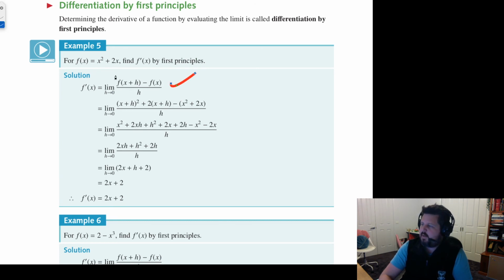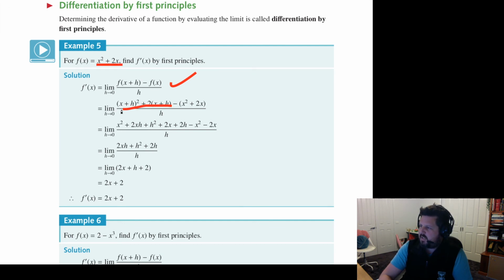Check. From here, we're going to write out this function, but where we see the x, we're going to substitute in x plus h. So, writing it out, you'd have x plus h squared, plus 2 brackets x plus h.